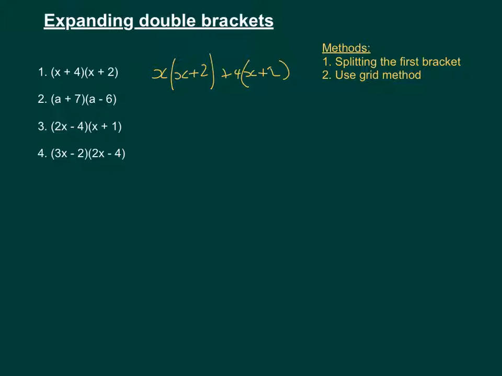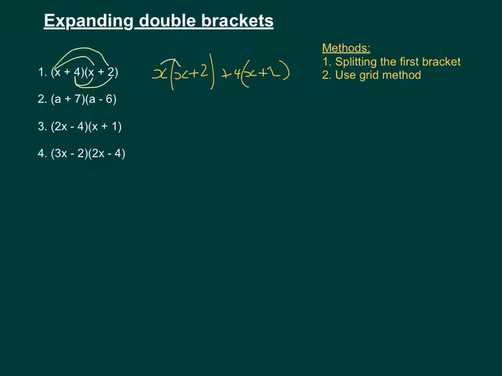The idea is that x will multiply both terms and 4 will multiply both terms in the second bracket. And it's just like a single bracket expansion then, and we have to collect the like terms afterwards. So let's do that.